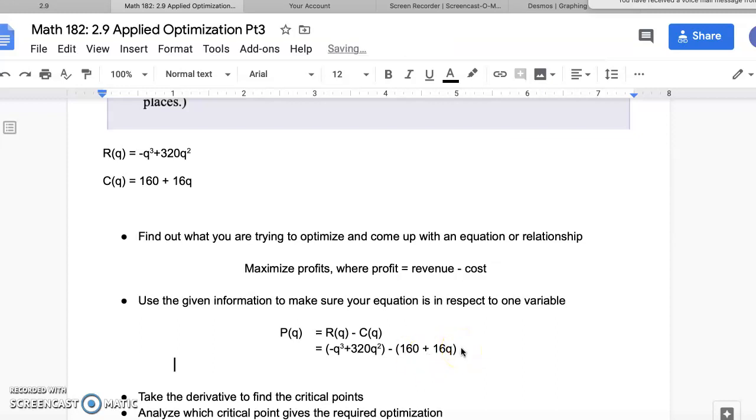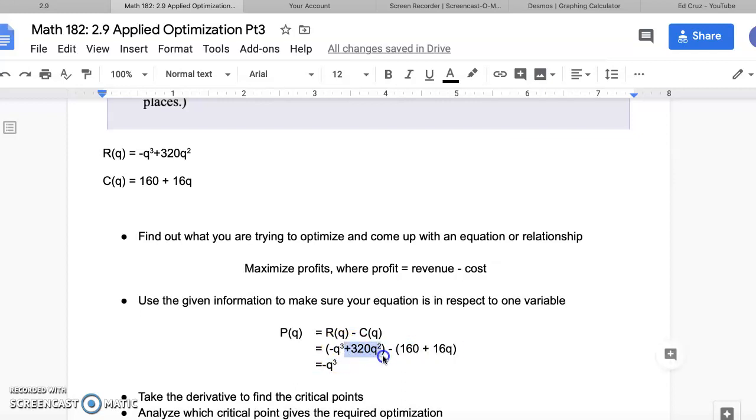And simplifying that a little bit, we end up with, what do we get here? We'll have the negative Q to the third, and then we'll have a plus 320 Q to the second.